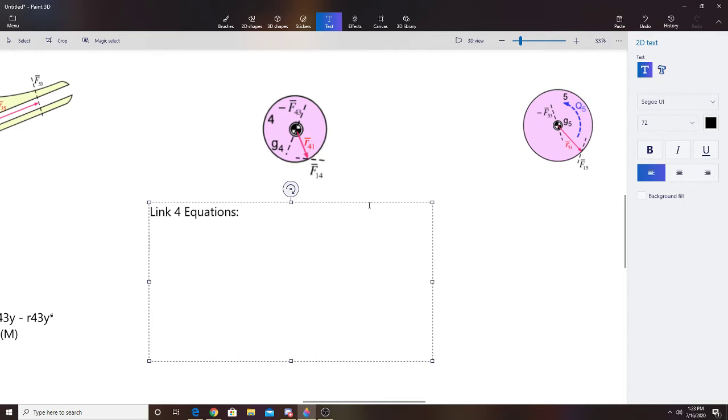Looks like we have negative F43, because remember that is the force from the pin connecting it to link 3. And then we have F14. F14, as you recall, is a resistance force. It's the normal force of the ground.